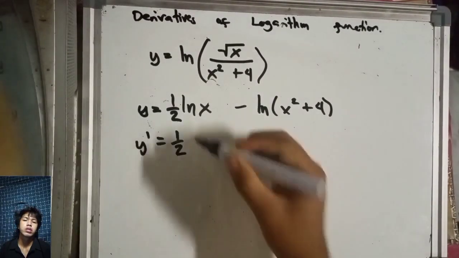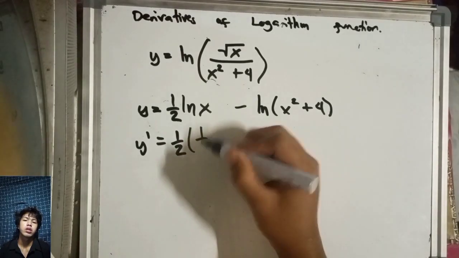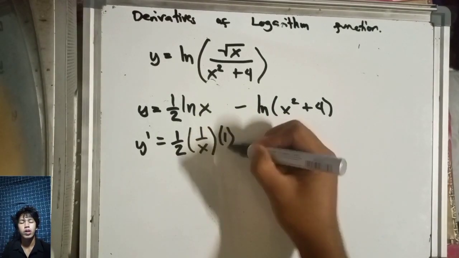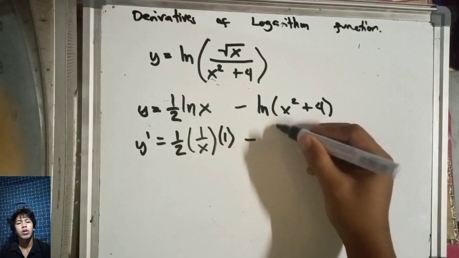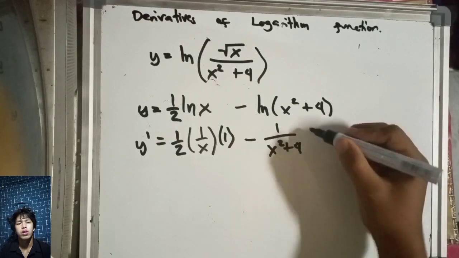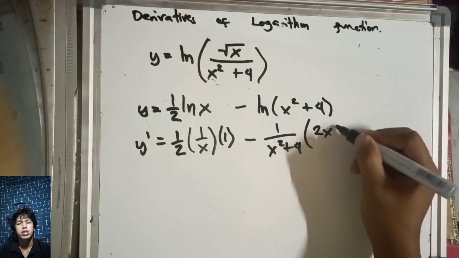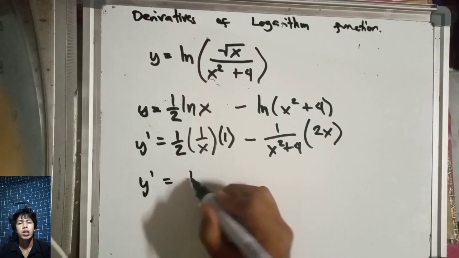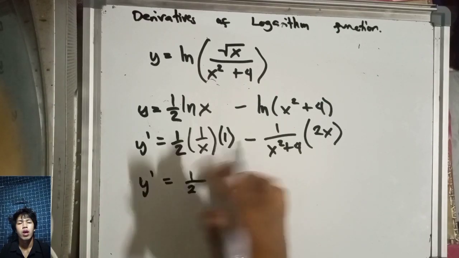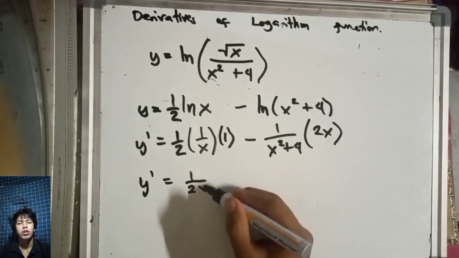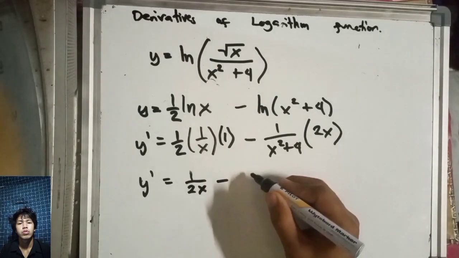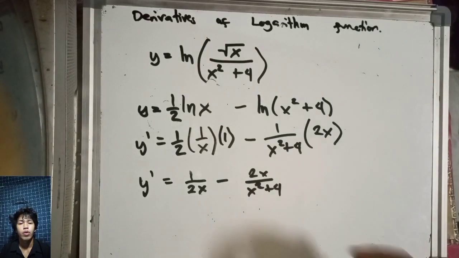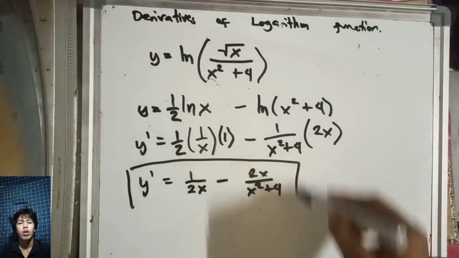For ln of x, it is 1 over x, and the derivative of x is simply 1. Minus also 1 over x squared plus 4, and the derivative of this is 2x. So we simplify: y prime equals 1/2 times 1 over x minus 2x over x squared plus 4. So now we have this as our answer.